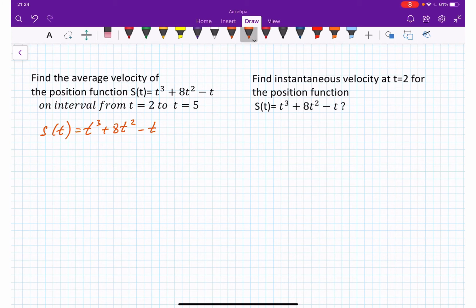So displacement is going to be s on the interval between 2 and 5.